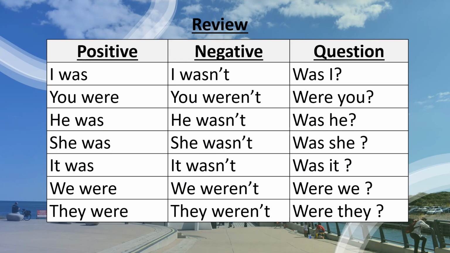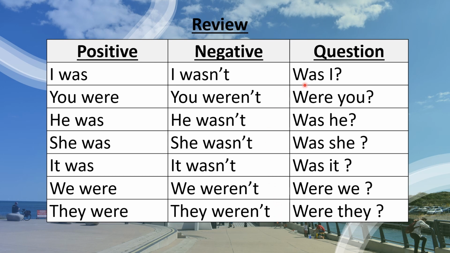Here's a review. Again, for the positives, we say I was, you were, he was, she was, it was, we were, and they were. And for the negative, we say I wasn't, you weren't, he wasn't, she wasn't, it wasn't, we weren't, and they weren't.